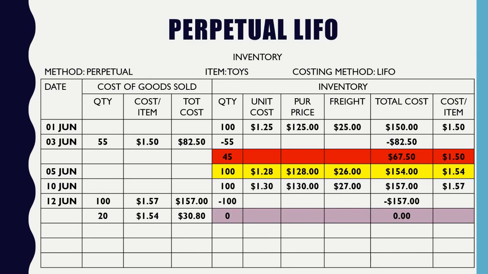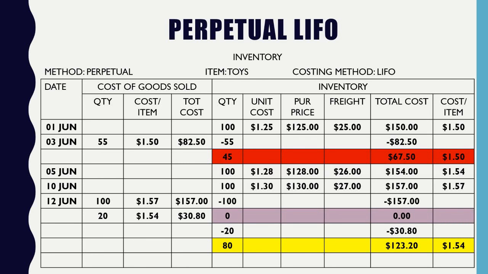Next, I sold 20 items and I'm going to eliminate them from my yellow batch at $1.54, which calculates to $30.80. I eliminate those 20 items, giving me a new total of 80 items in my yellow batch.